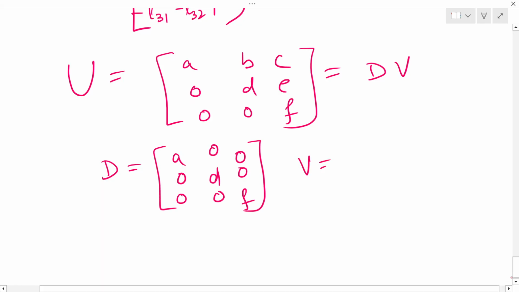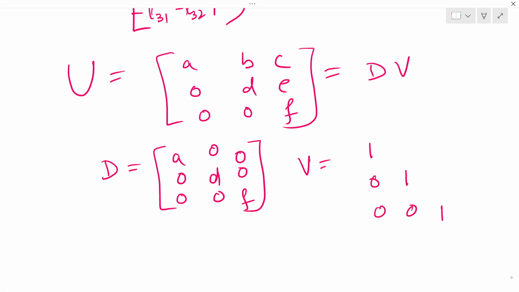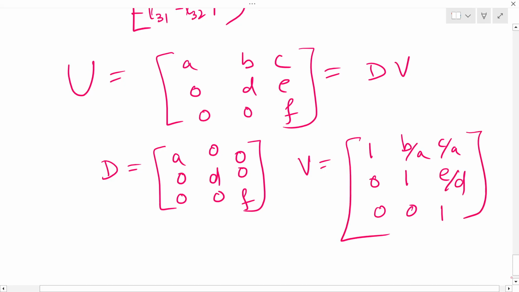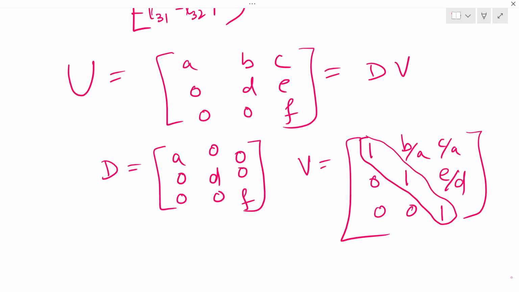How to write down V? Every row is divided by the corresponding pivot. So A is divided by A, D is divided by D, F is divided by F, I will get 1. Then zeros are nothing. Then here B by A, C by A, E by D. This will be your V. Mind it, in LDV factorization, this upper triangular matrix has all diagonal elements 1.